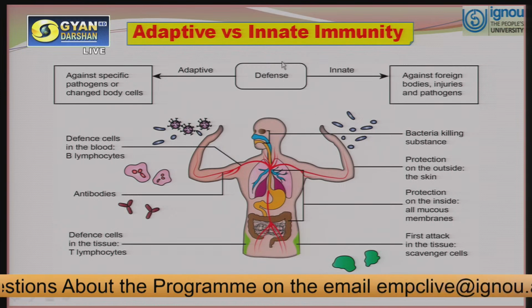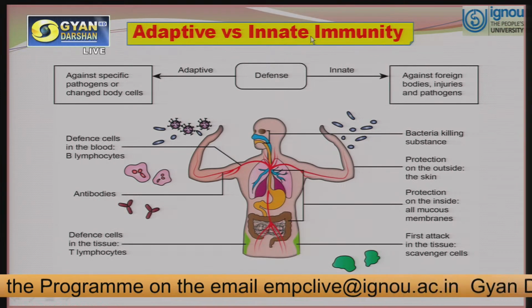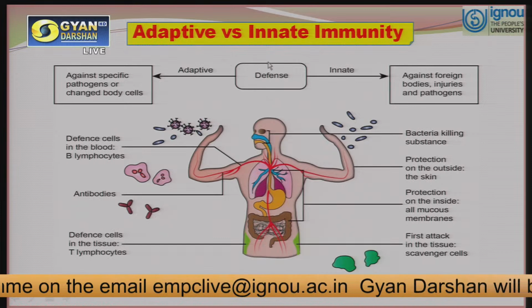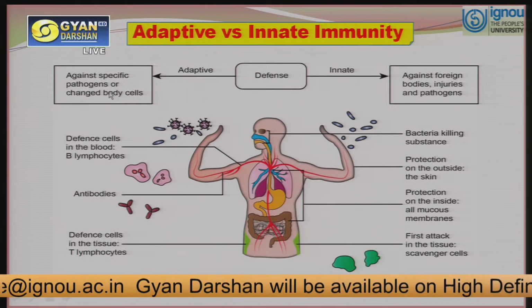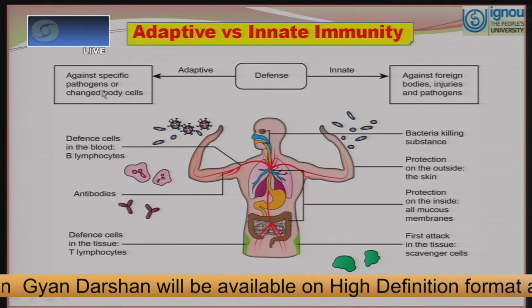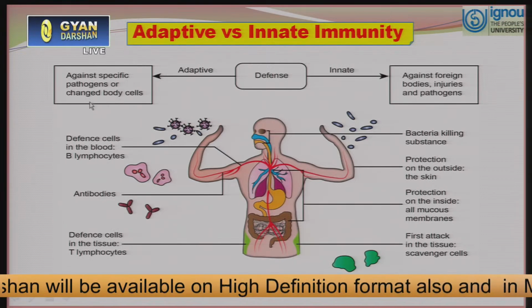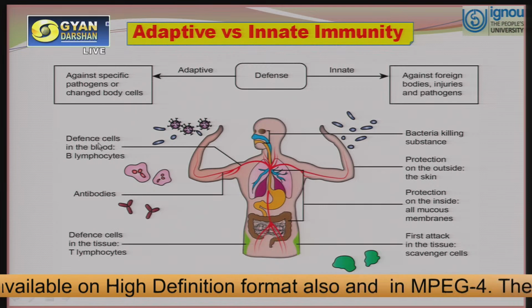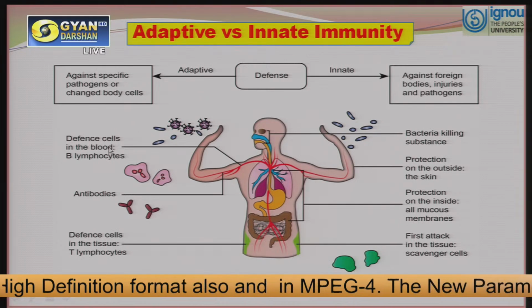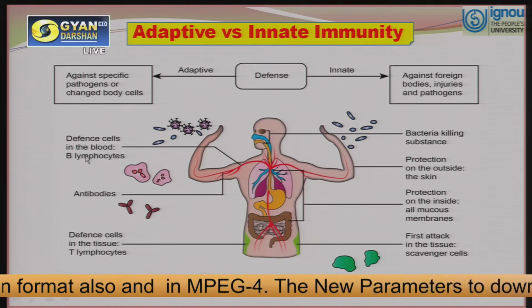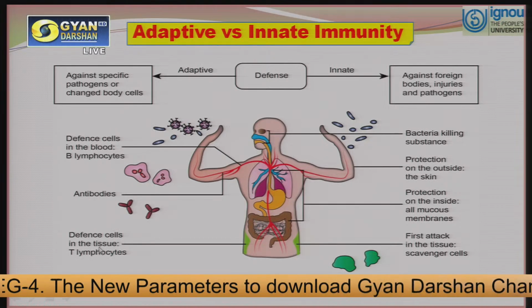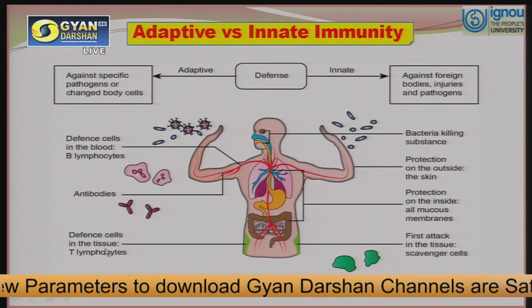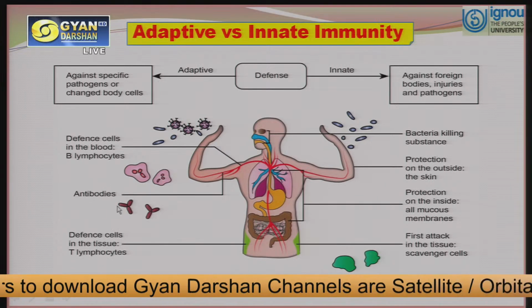So you can see, both provide the defense mechanism of our body. Adaptive immunity acts against a specific pathogen, involving body cells and defense cells in the blood like B lymphocytes, and defense cells in the tissues like T lymphocytes, and the antibodies.